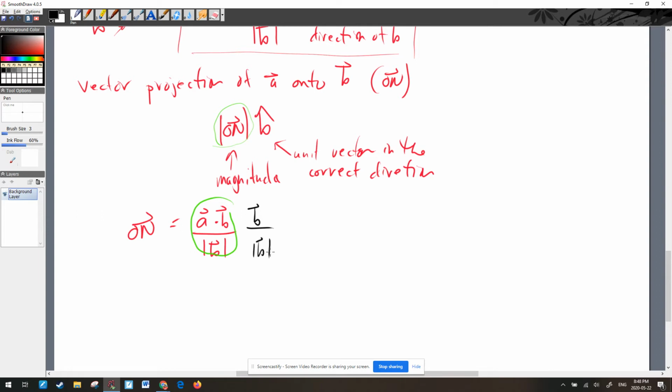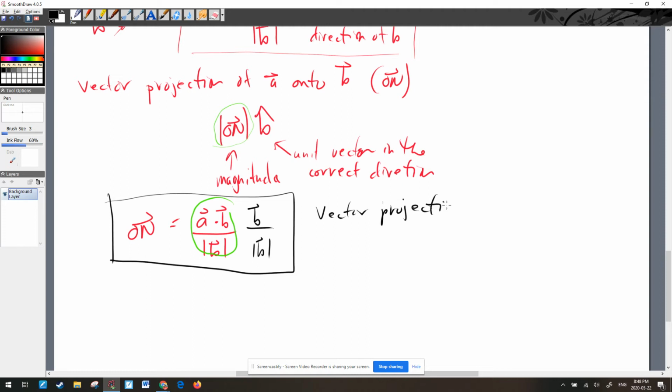Okay. And so what we have there is the actual definition of the vector projection. So this is the vector projection of A onto vector B. Okay, so that is a definition.